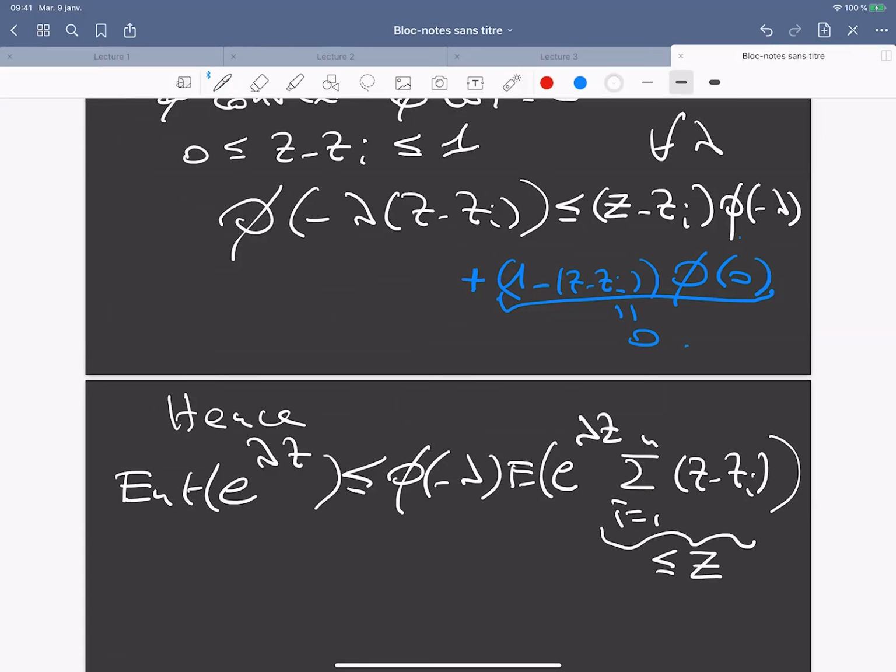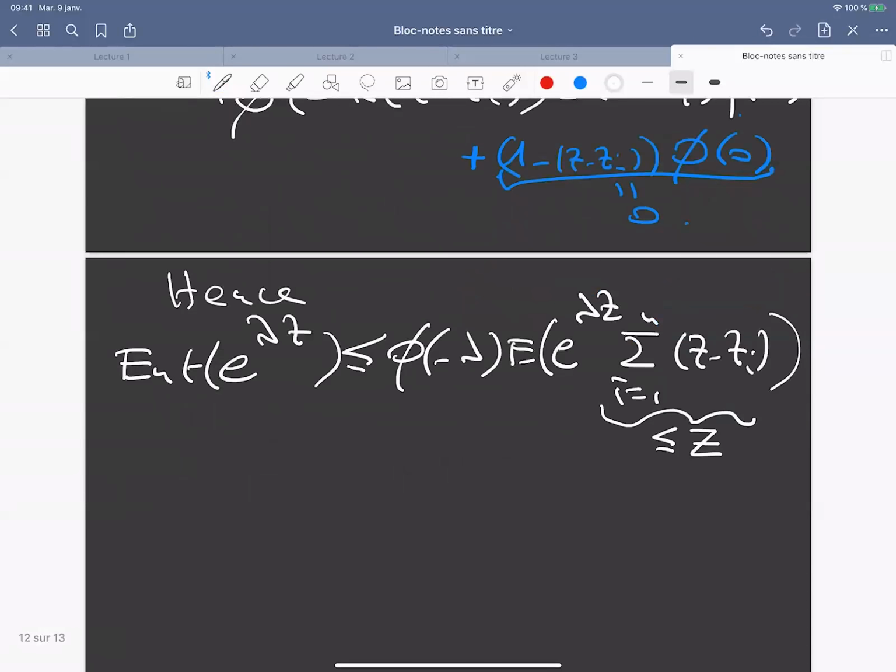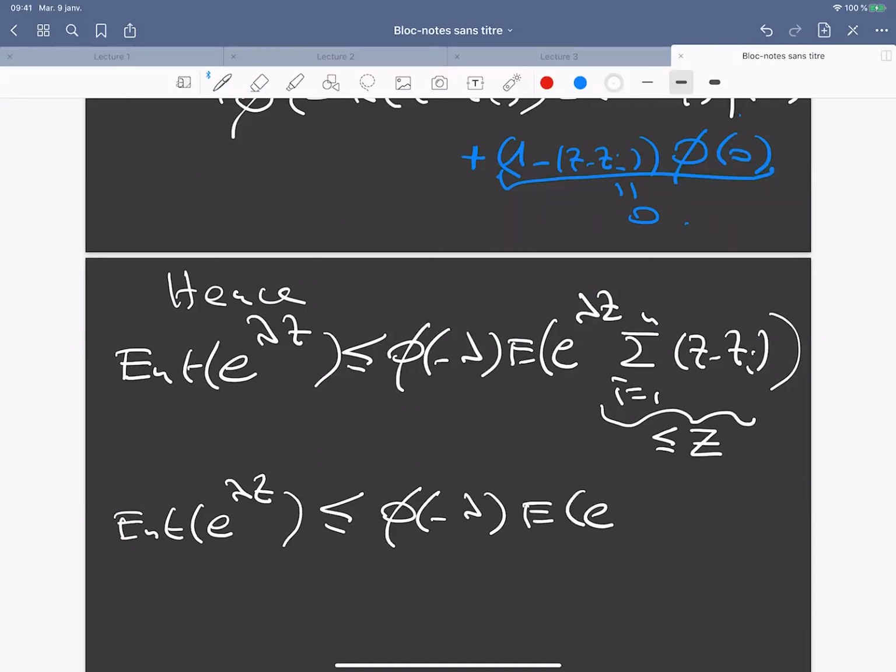Okay, so now look at what we have. We have the entropy of exponential lambda Z less than phi of minus lambda times the expectation of exponential lambda Z times Z. So look, this looks like a situation that we know already, but it's not the same situation.